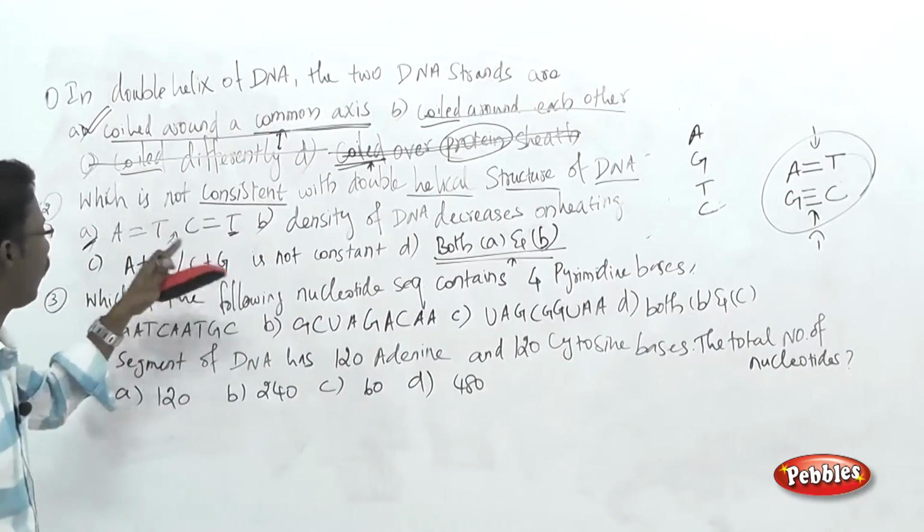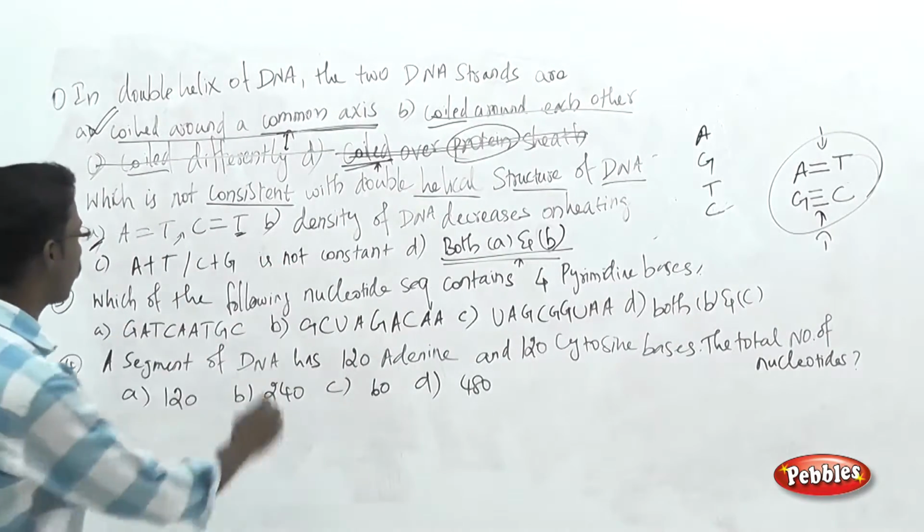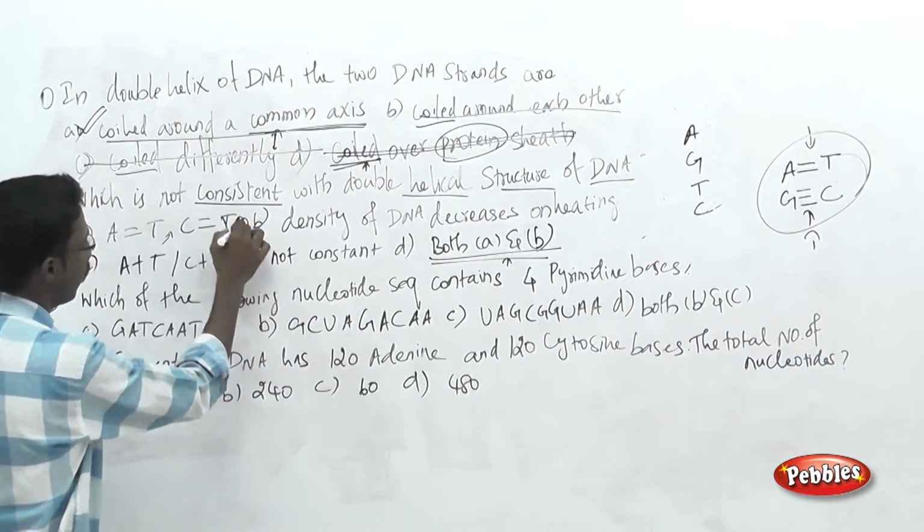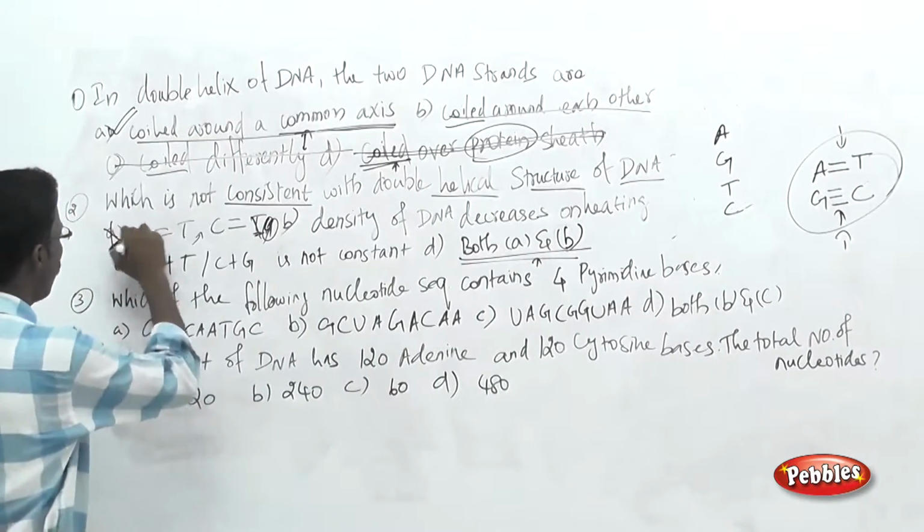Adenine equal to thymine, cytosine equal to thymine. This is not a correct thing. Cytosine is equal to guanine, not thymine. So this is a wrong choice.